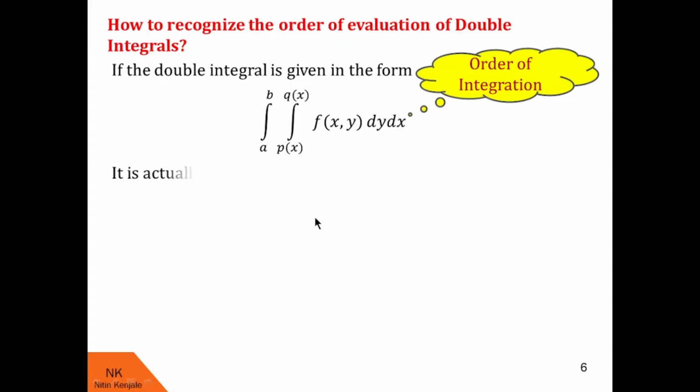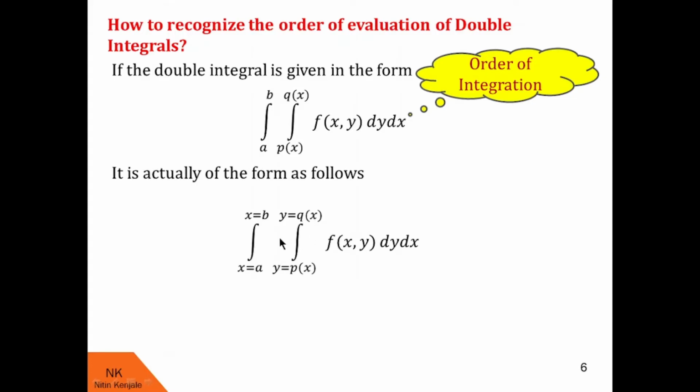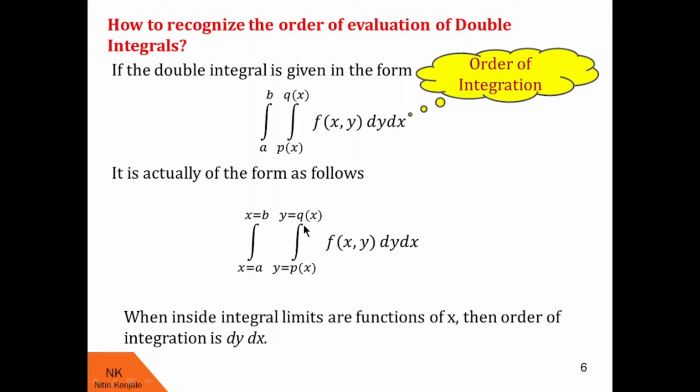Here you can clearly see that the inside integral limits are of y and the outside integral limits are of x. So whenever we see inside integral limits are in terms of x, like p of x and q of x, then the order of evaluation of the inside integral is dy and the outside integral is dx.